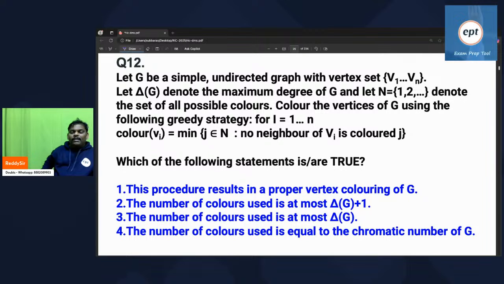Let G be a simple undirected graph with vertex set V1 to Vn. Let delta G denote the maximum degree of G, and let N equal 1 and so on denote the set of all possible colors. Color the vertices of G using the following greedy strategy. For i equal to 1 to n, color of Vi is equal to the minimum J belonging to N such that no neighbor of Vi is colored with J. Which one of the following is true?